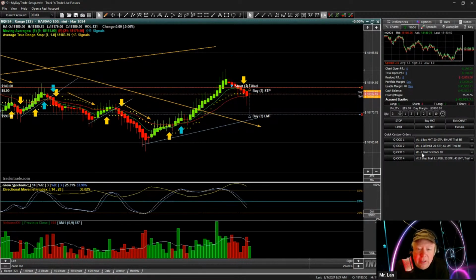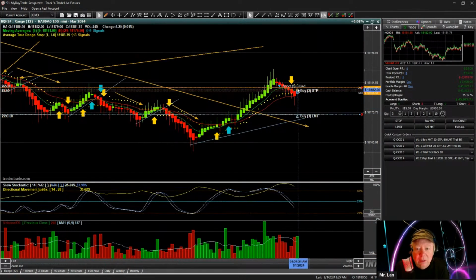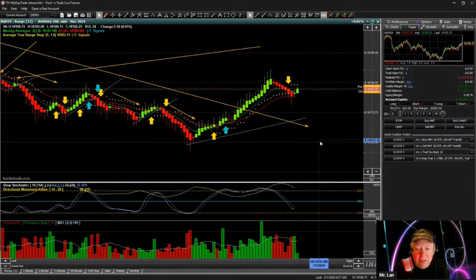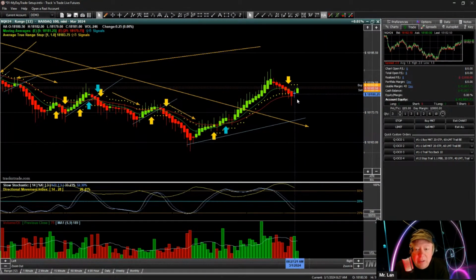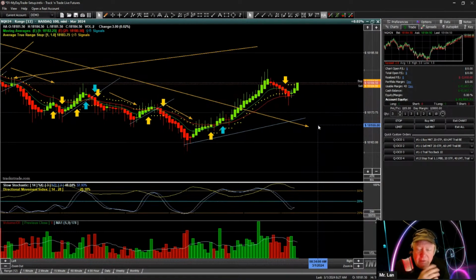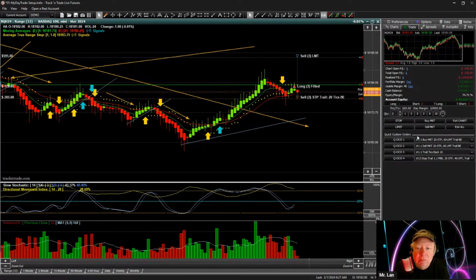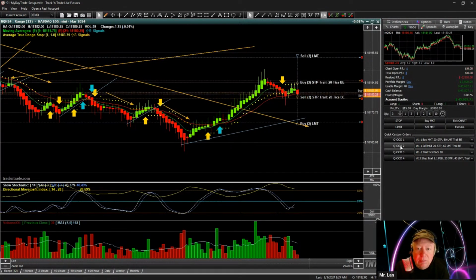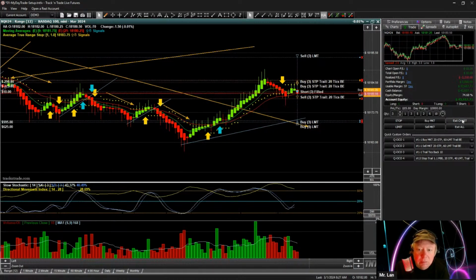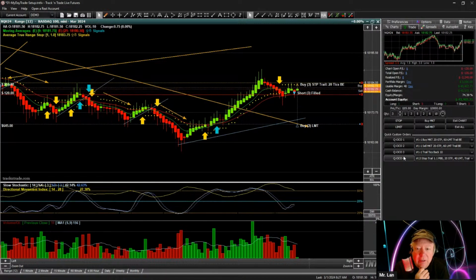Now we're at break even. We could continue to trail. The problem is if you continue to trail after you get to break even, we got stopped out at break even.